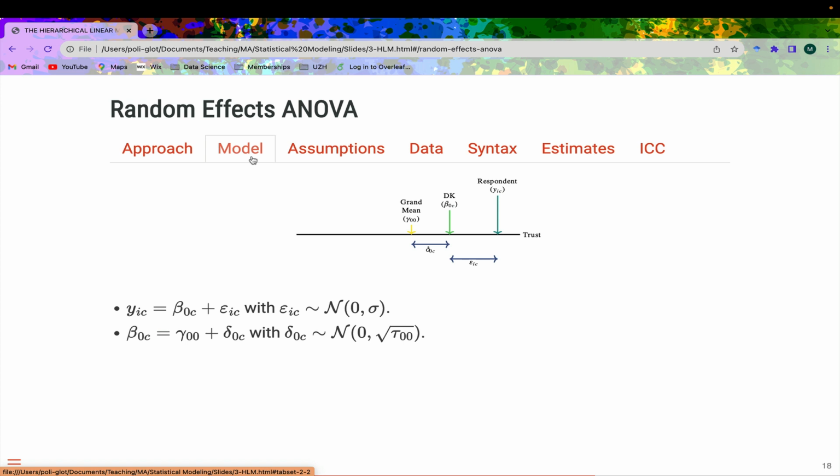So beta 0C here is going to be written as a function of the grand mean, gamma 00, plus some deviation delta 0C that captures how much and in what direction the country mean deviates from the grand mean. In this particular case, the Danish mean exceeds the grand mean, but there are also cases, like Greece, for example, where the country mean falls short of the grand mean. So these deltas 0C can also be both positive and negative, and to capture that, we're going to assume that they too are draws from a normal distribution with a mean of 0 in this case and a standard deviation of the square root of tau 00.